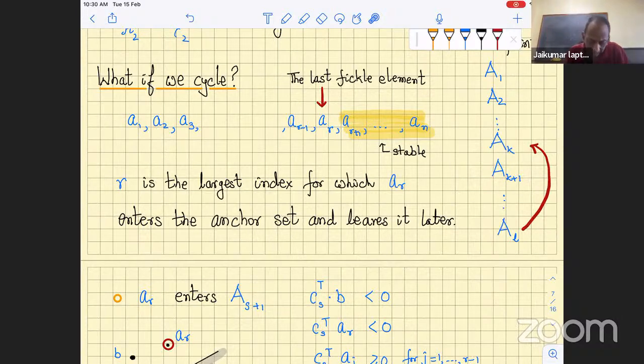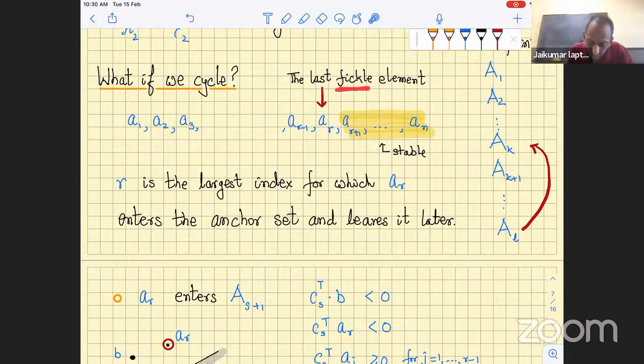Among all these variables, some always sit in the basis. They never leave the basis. There are others which are outside and never come into the basis. They are not involved in the game at all. But there are vectors which are involved in the sense that they come and they leave.